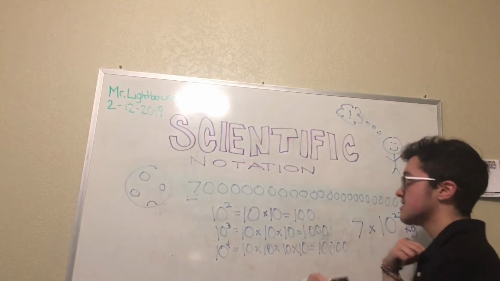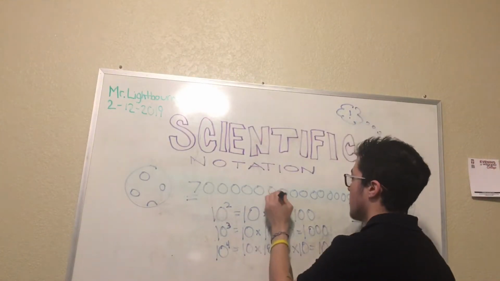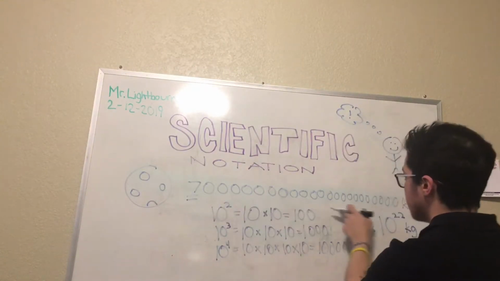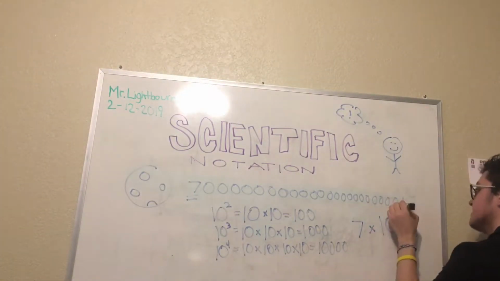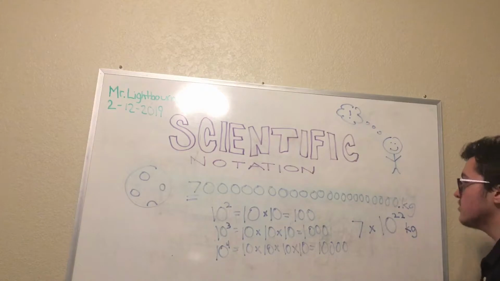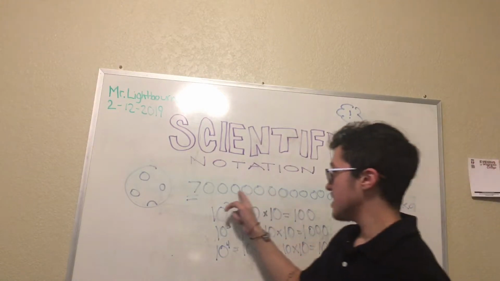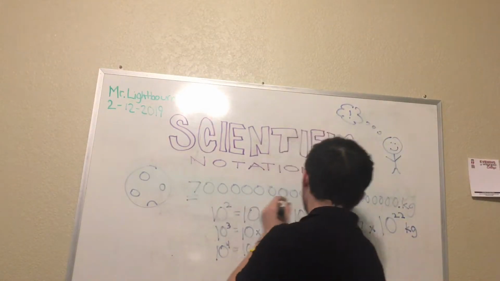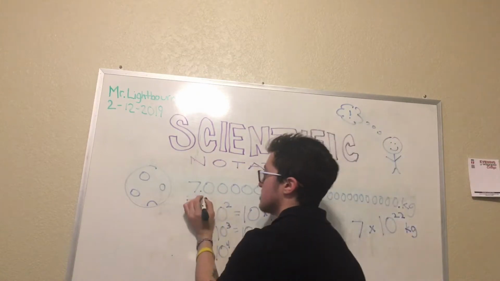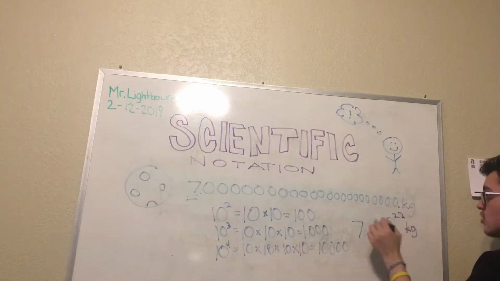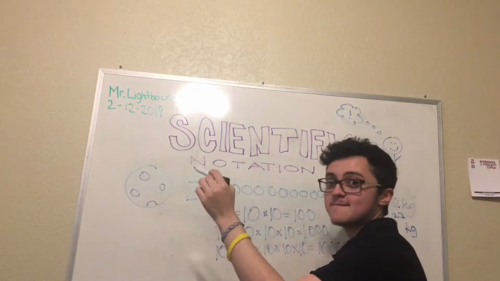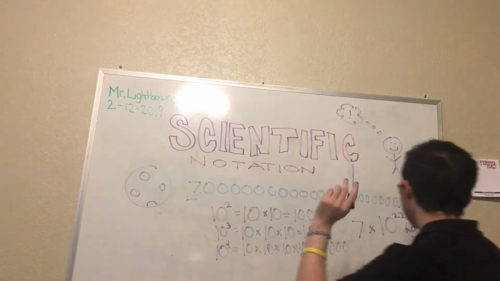Another way to think of this is to ask yourself, where in this number does the decimal lie? Yes, at the very end. And if we want this big number and this decimal to reach 7, we would have to move the decimal over. How many times do you think? 22 times.